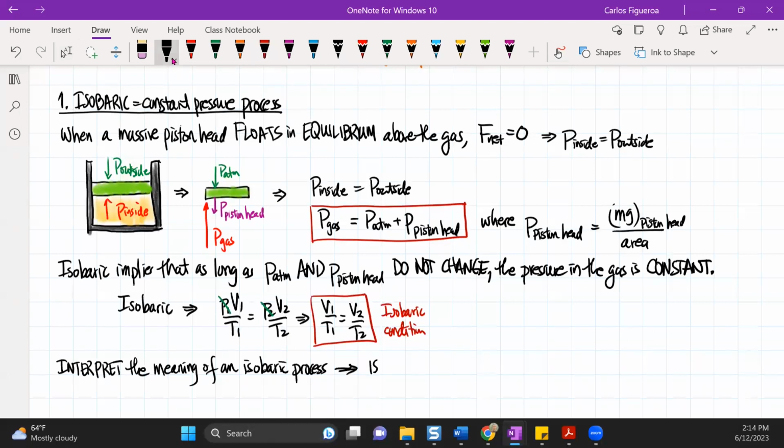We call this isobaric heating. That means heating from the outside increases the kinetic energy of the gas particles. And then there's isobaric cooling, which means heat from the gas goes outside the piston.